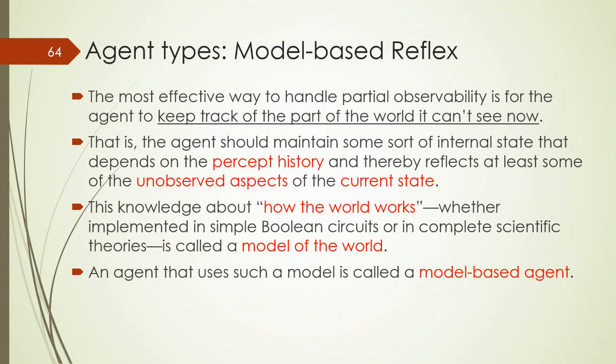The most effective way to handle partial observability is for the agent to keep track of the world. So try to build up a model of the outside world. That is, the agent should maintain some sort of internal state that depends on the percept history, and thereby reflect at least some unobserved aspects of the current state.